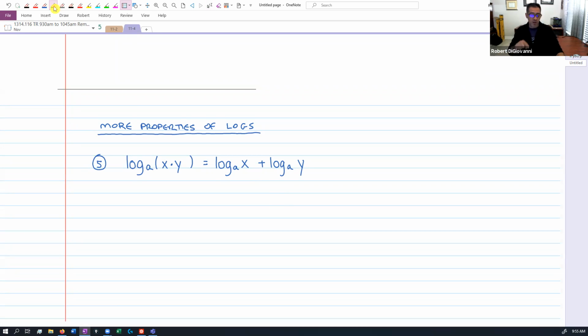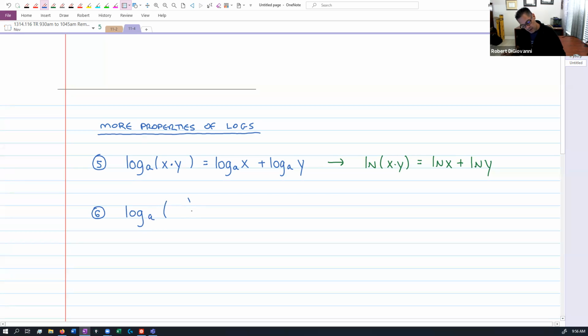Now, since this works with every log, when we look at the special log that we like, the one that we use a lot, the natural log, this property looks like this. So if you take the natural log and you have 2 things being multiplied, you can split it into 2 logs. Now the 6th property is, what if you have a log and inside of it you have division?